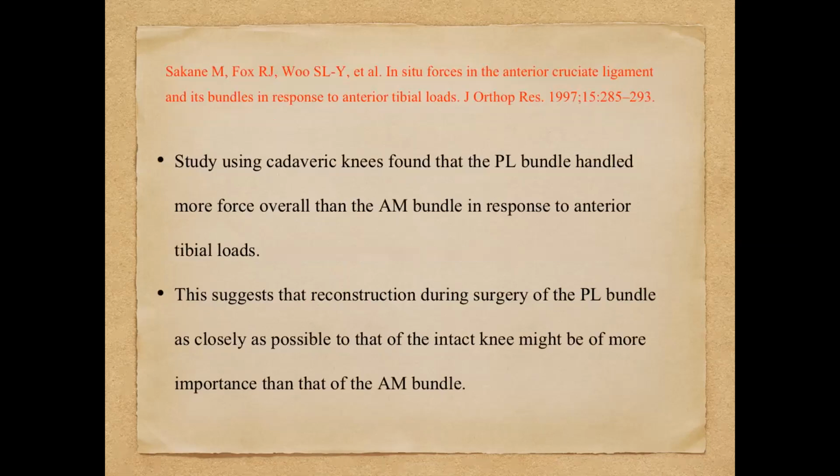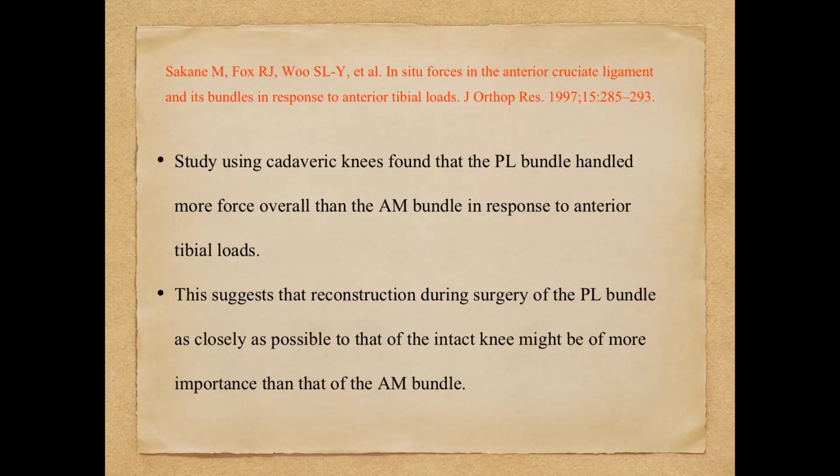Another study, by Sakane and Fox, published in 1977 using a cadaveric knee, found that the posterolateral bundle handled more force overall than the anteromedial bundle in response to the anterior tibial load, whereas the in situ force in the AM bundle remained relatively constant and unaffected by the change of flexion angle and tibial load.